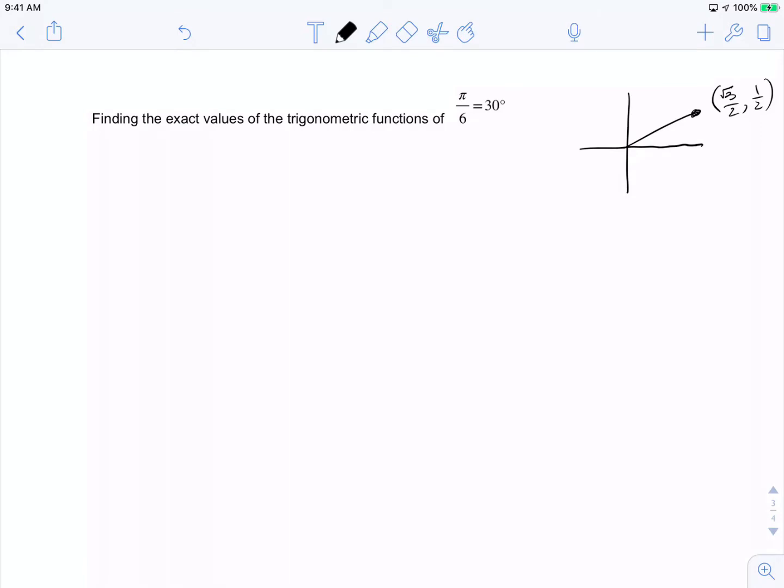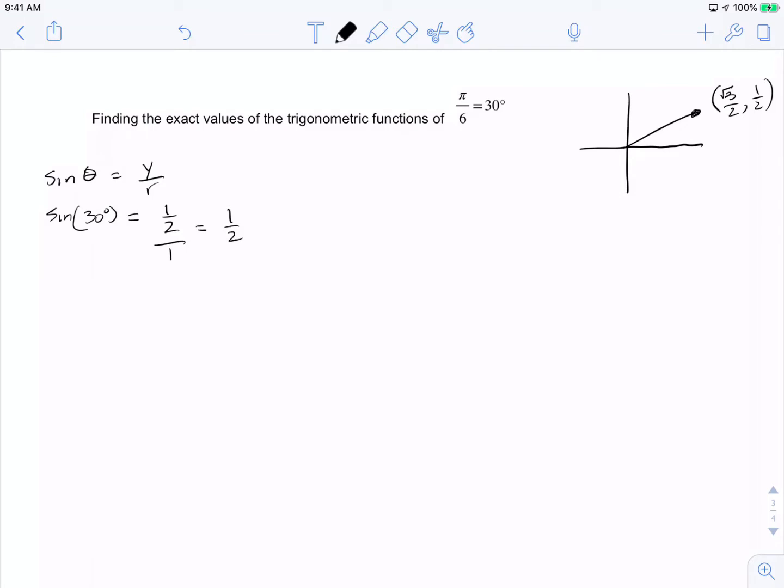So that's our x and our y coordinates. So then, again, remember sine theta is y over r. Our radius is 1. And so sine of, I'll use degrees for this, is going to be our y value is 1/2 and our radius is 1. So we're going to get 1/2 as our solution for sine of 30 degrees.